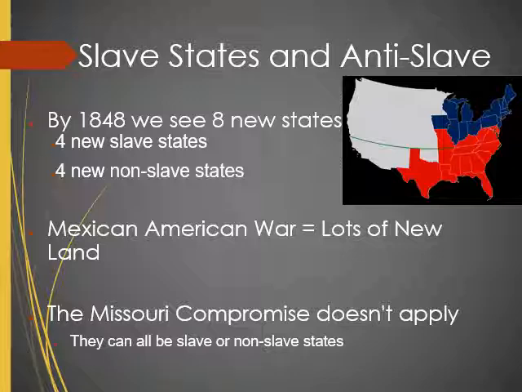So technically, all of this new land could have been slave states or non-slave states. It didn't really matter. And so the Northerners started to fear that it would all become slave states and the whole country would become all about slavery.